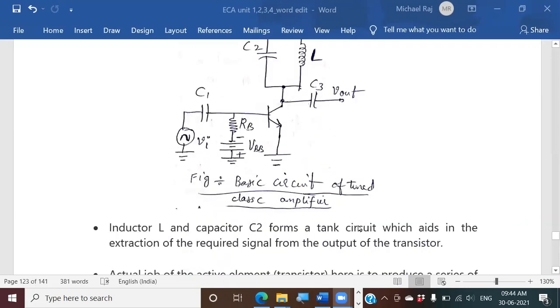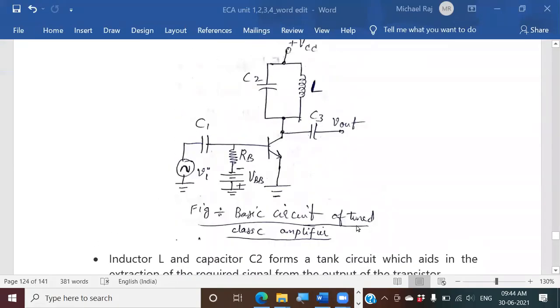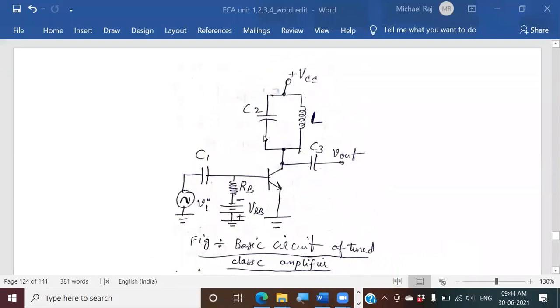What happens here is, for the fundamental frequency we will get maximum impedance at the resonant frequency, and then the associated signal will be maximum amplified. Observe any CE amplifier, you can see that the gain is proportional to the resistance here.